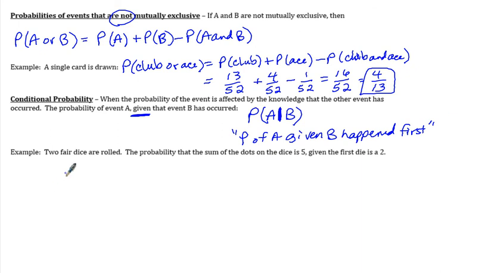So for instance, you roll 2 fair dice. What's the probability that the sum of the dice is 5 given the first die roll was a 2? All right, let's slow this down. We're trying to say what's the probability the total on your dice is 5 given that the first roll is a 2.